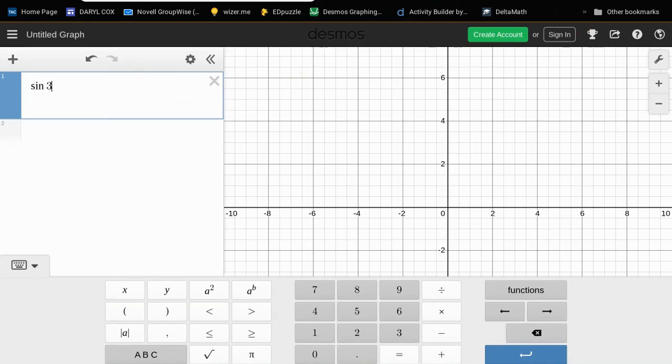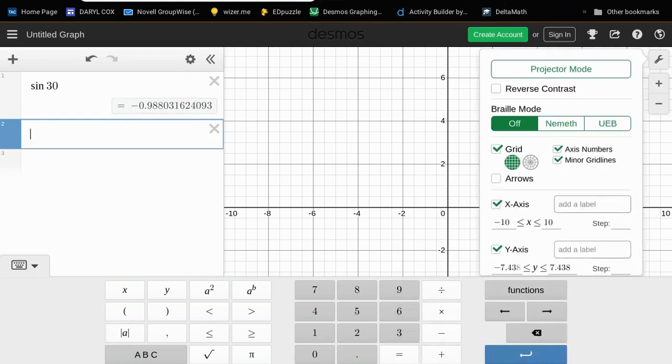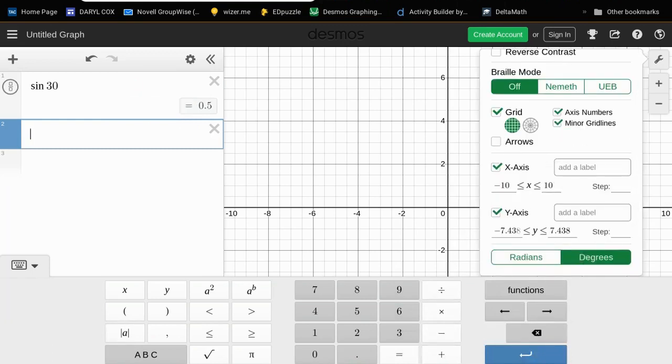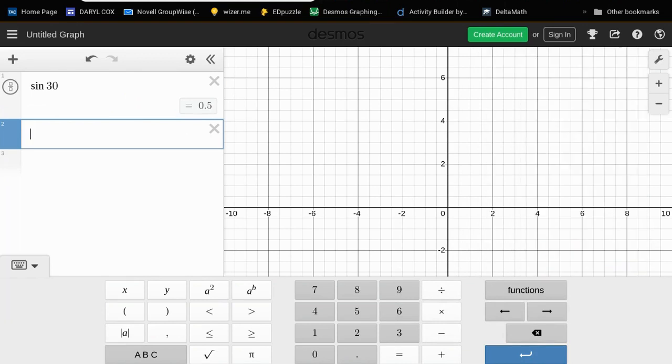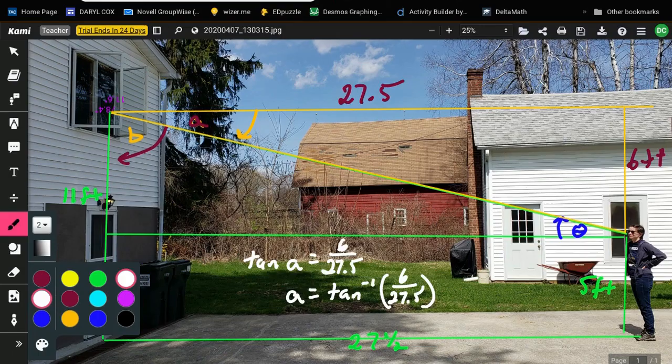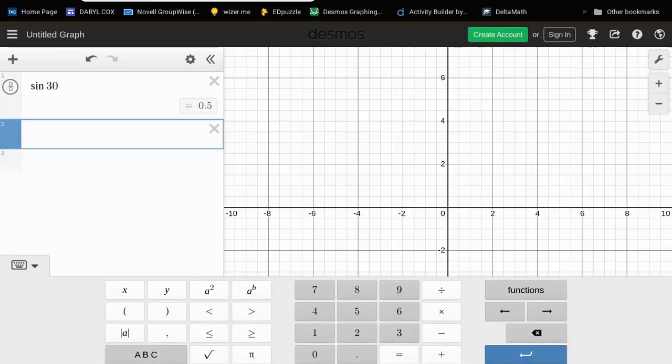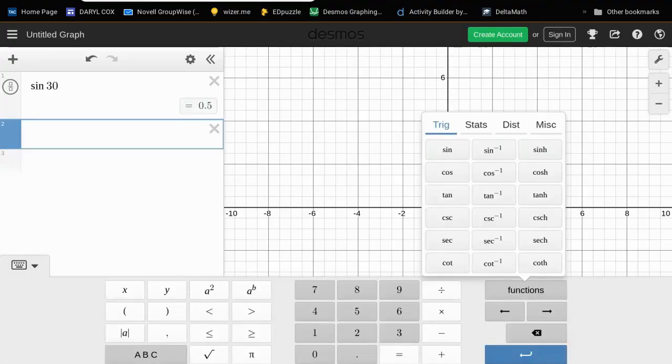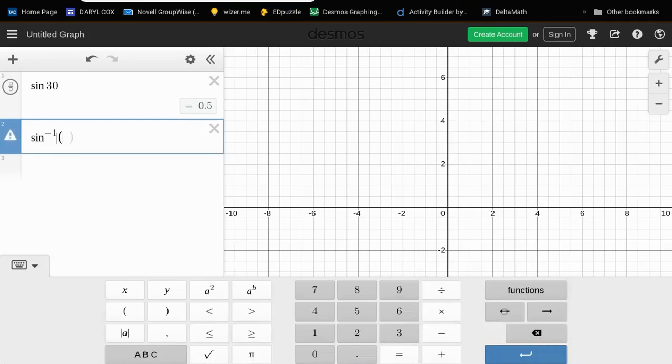So I'm going to type in sine of 30. And I automatically realize that because it gave me this 0.9 thing, I'm not in degrees. So I need to change my settings. So I go to my wrench, change my settings to degrees, and now I'm good to go. Okay, let me go back and find my measurements. 6 over 27.5. So we're doing the sine inverse. Not sine inverse.